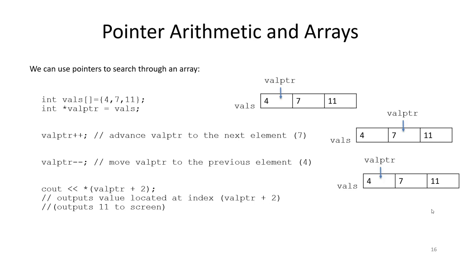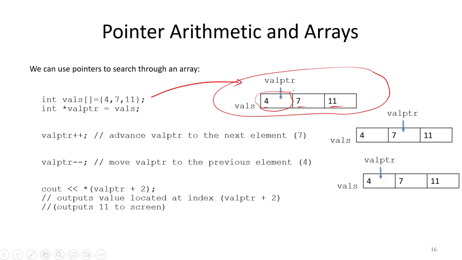Here's some examples. Suppose I have that vals array again. So if I declare this vals array with 3 elements, 4, 7, 11, and if I declare that int type pointer valptr and make it point to vals element 0, look what I can do. If I write valptr++, I can advance my pointer valptr to the next element.